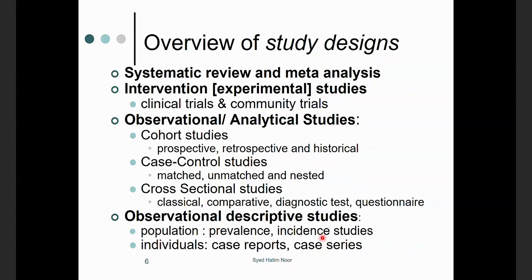A case series is a combination. You can take, oh, there are a few cases that happened already, so you do a case series. These two, the case report and case series, are not full-fledged research, but they are actually a beginning of research. You can generate the hypothesis from there. Any questions on descriptive study?